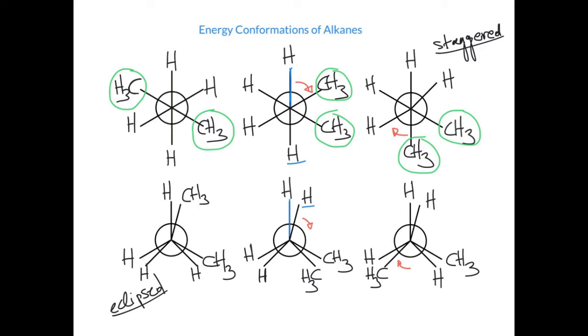In that case, we know that for hydrogen-hydrogen eclipsing interaction, we have 4 kilojoule per mole. For hydrogen-methyl eclipsing interaction, we have 6 kilojoule per mole. And for methyl-methyl interaction, where we have the eclipsing interaction plus the steric interaction, we have 11 kilojoule per mole.